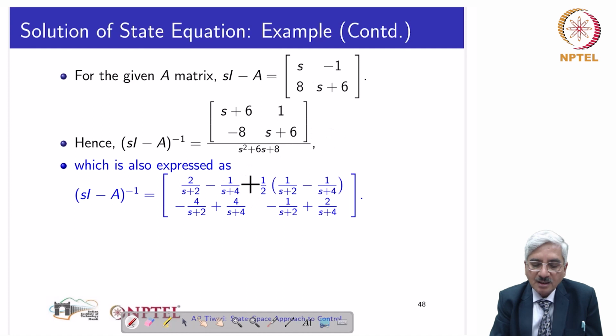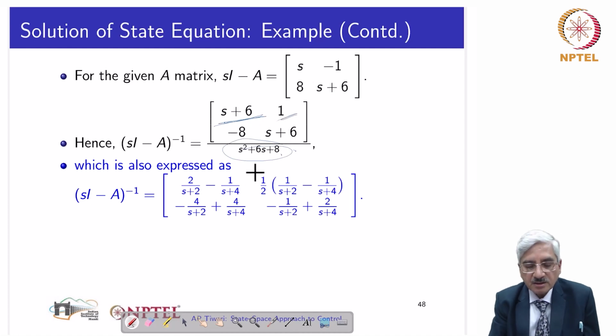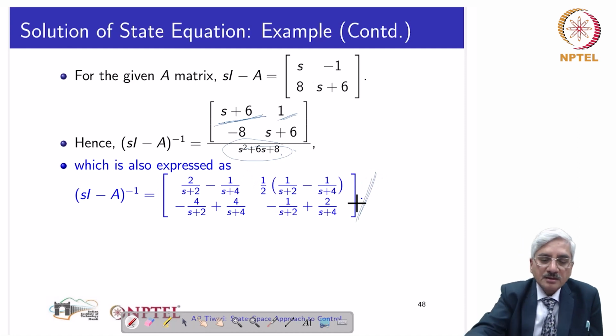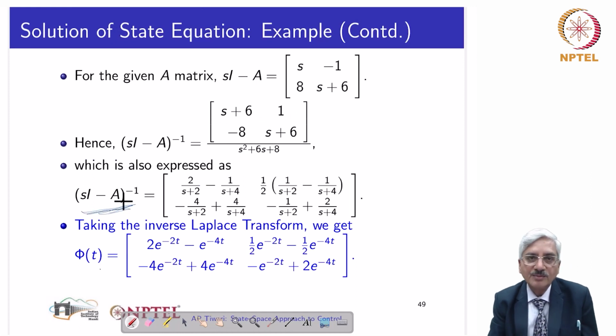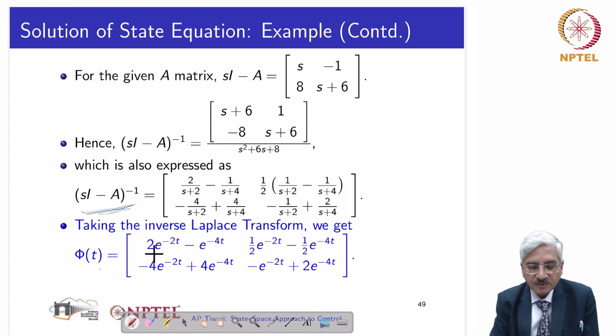But before that we express each of these terms, s plus 6 by this denominator, 1 by this denominator, etc. into partial fractions. So we obtain this, and then we take the inverse Laplace transform to obtain phi t, which is Laplace inverse of sI minus A inverse, which will be these terms.